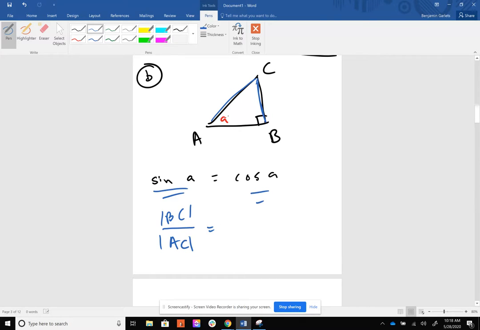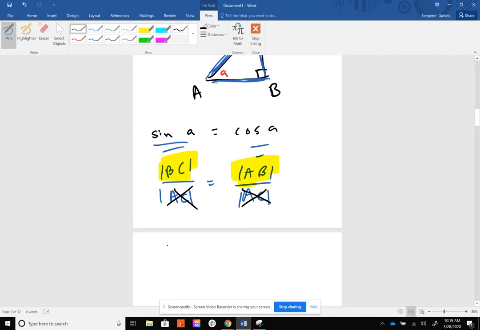And cosine of A is adjacent over hypotenuse, so AB over AC. So I'm hoping that you notice that the only distinguishing feature here is the numerator of these ratios. And so if we know that these values are the same, then the numerators must be the same. And we actually see that the denominators are the same. So when we write out all of this, we need BC and AB to be equal.